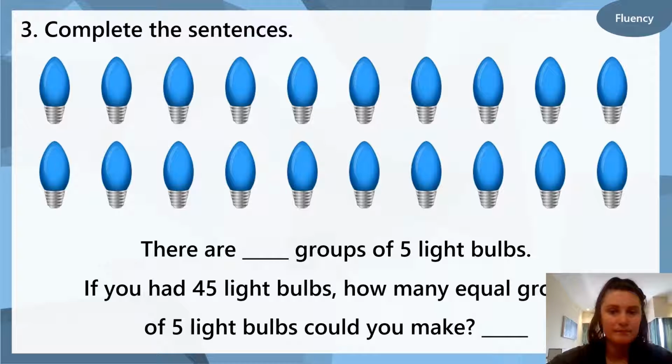Question 3. So I have some light bulbs here, like in our IPC topic, seeing the light. There are groups of 5 light bulbs. How many groups of 5 light bulbs are there on your video?